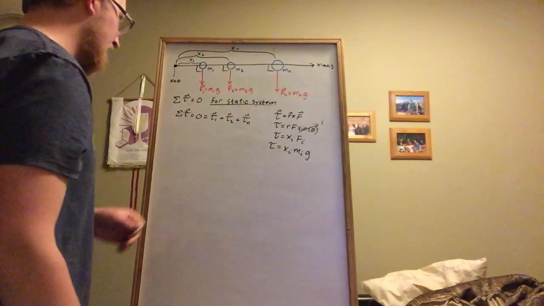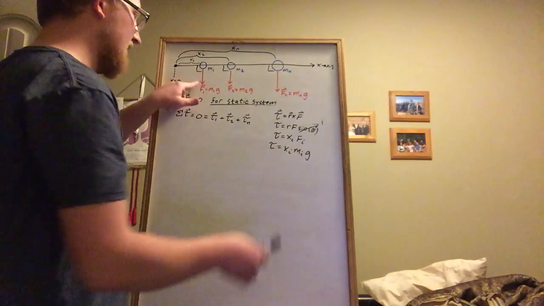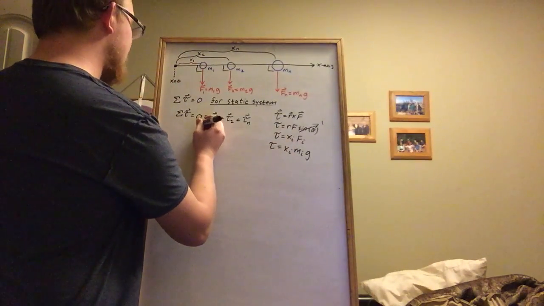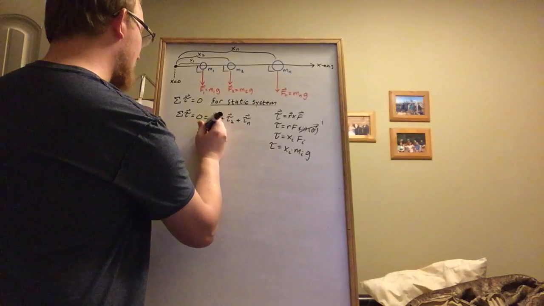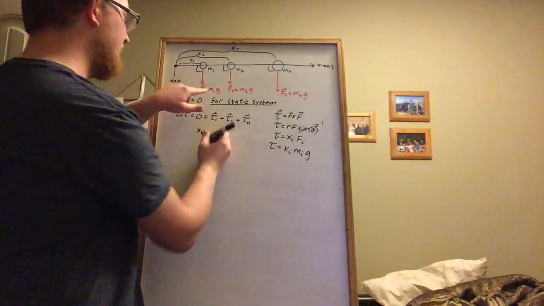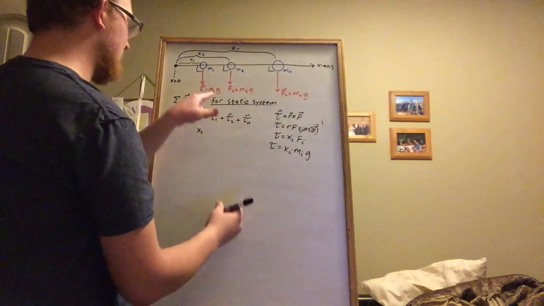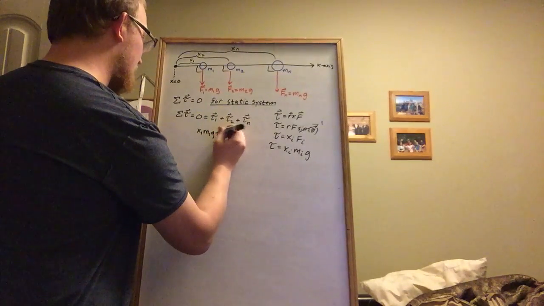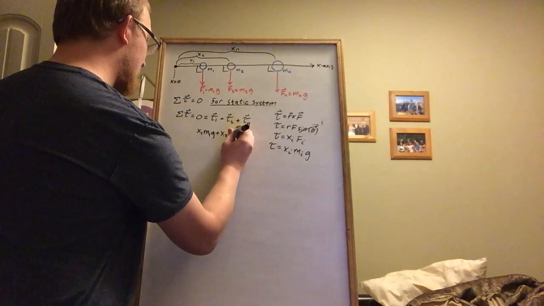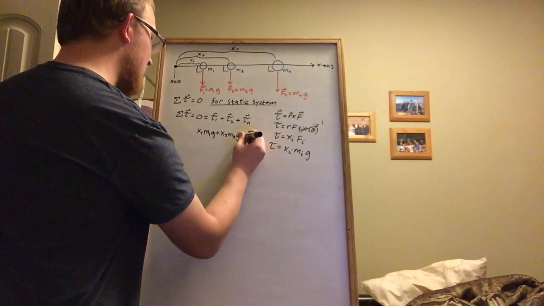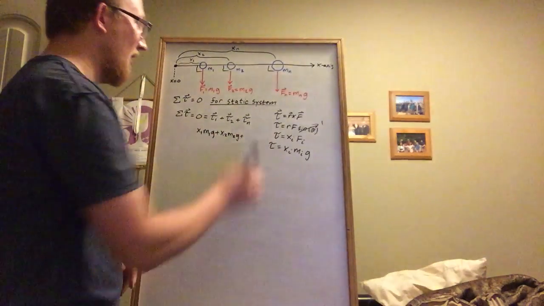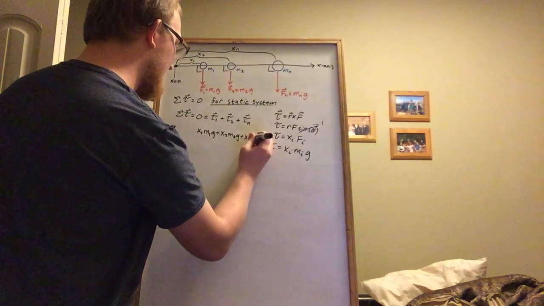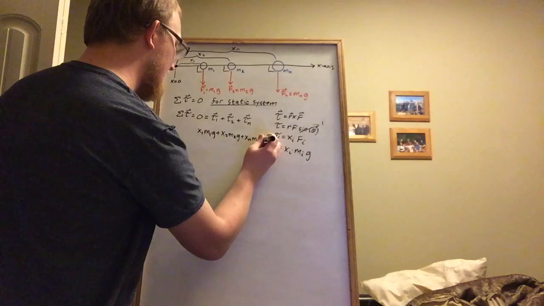And so now we have this simplified expression to help us find what torques are being caused by these forces. So torque 1 is caused by force 1 at a distance x1. So torque 1 is going to equal x1 times F1, which happens to equal m1 times g, plus torque 2, which is x2 times m2 times g, plus the nth torque caused by the nth force and the nth mass, which is going to equal xn times mn times g.